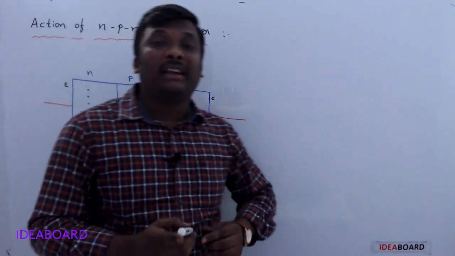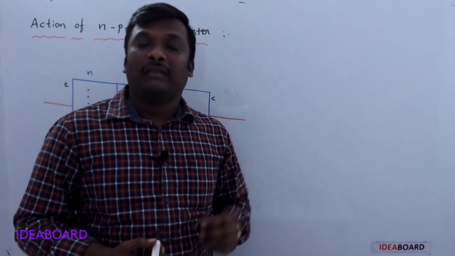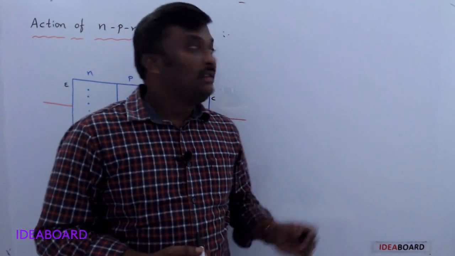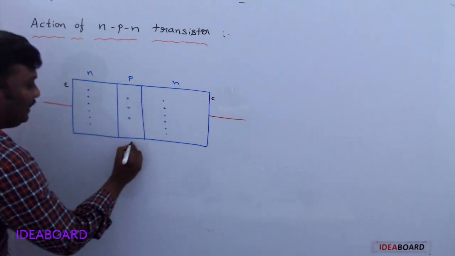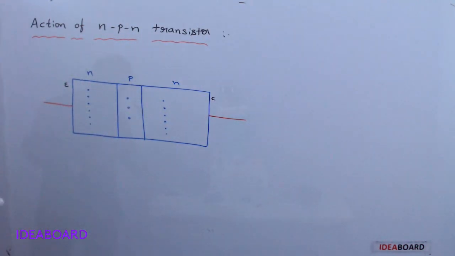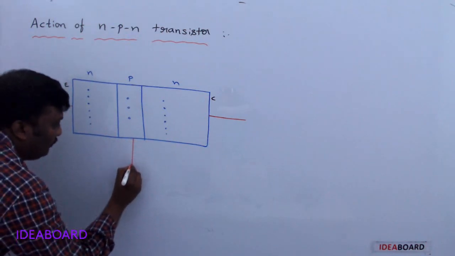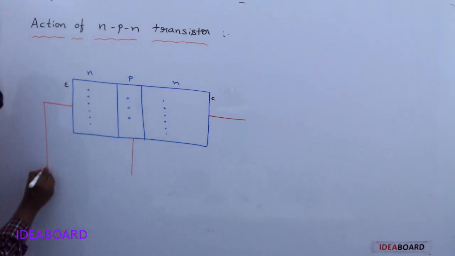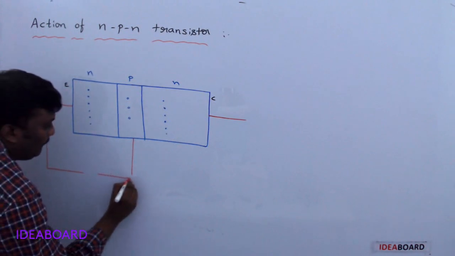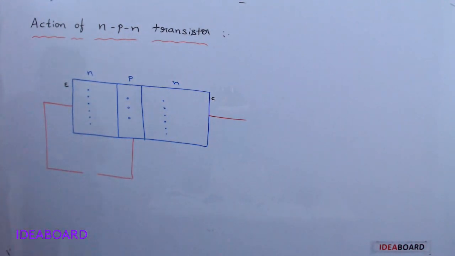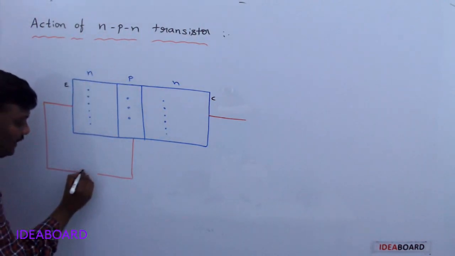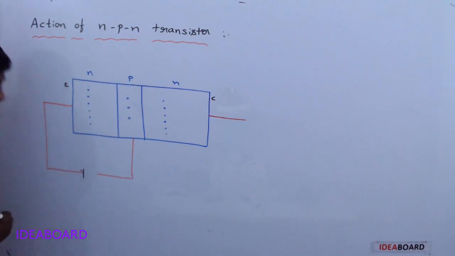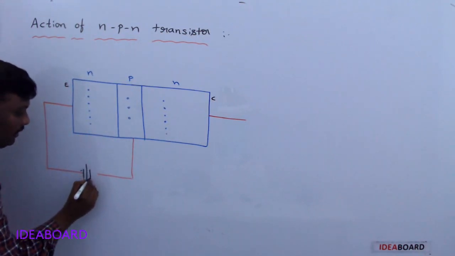We said the emitter is always in forward bias with respect to the base. That's why the emitter and base are connected to a battery. Forward bias means N-type semiconductor is always connected to the negative terminal of the battery.